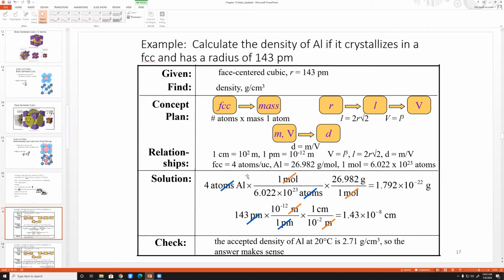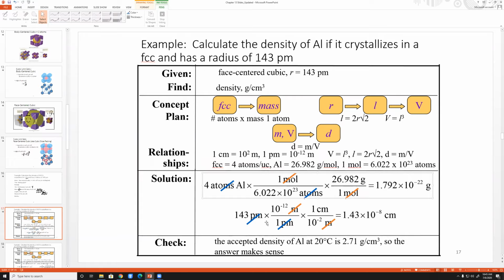So we'll walk through the work real quick. You know that the face-centered cubic is 4 atoms per cubic unit cell. We know that the mass of 4 atoms of aluminum, because 4 atoms are in 1 face-centered cube, is 1.792 times 10 to the negative 22nd grams.